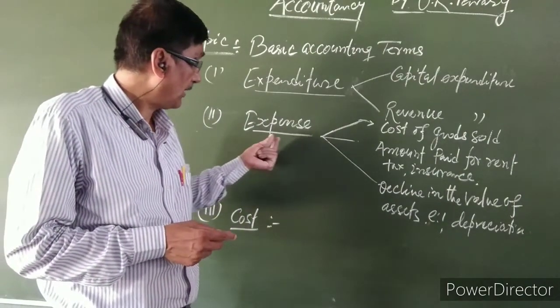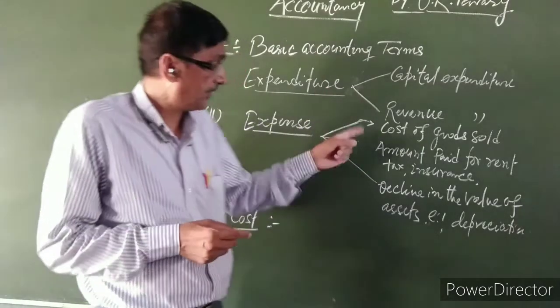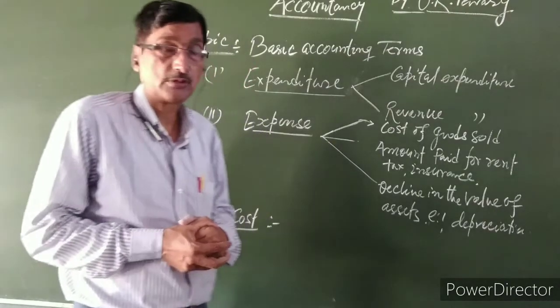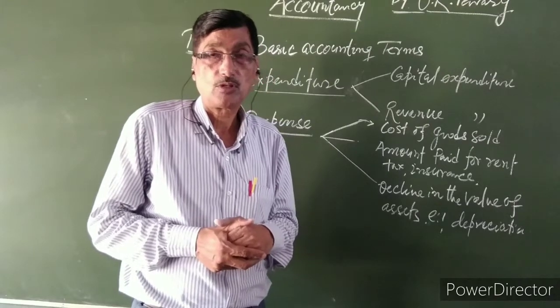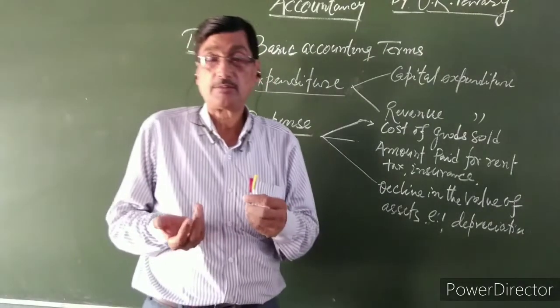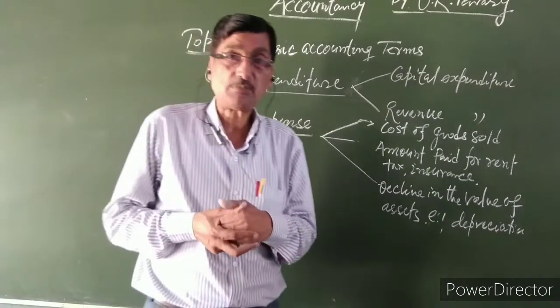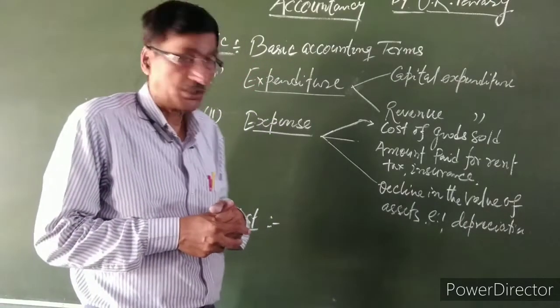So, expense, I think, includes three types of cost. One is the cost of goods sold. Cost of goods sold can be the material consumed plus all direct expenses minus closing stock.